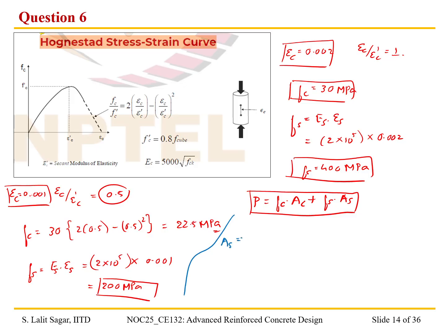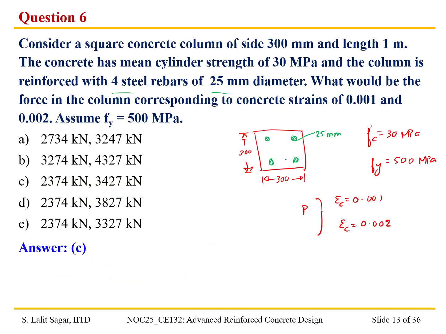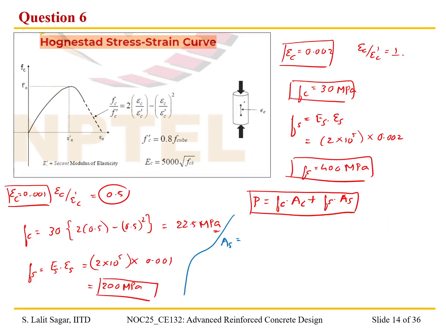As comprises 4 steel rebars of 25 millimeter diameter, that is π/4 into 25 square into 4, right? And Ac would be 300 square minus As.